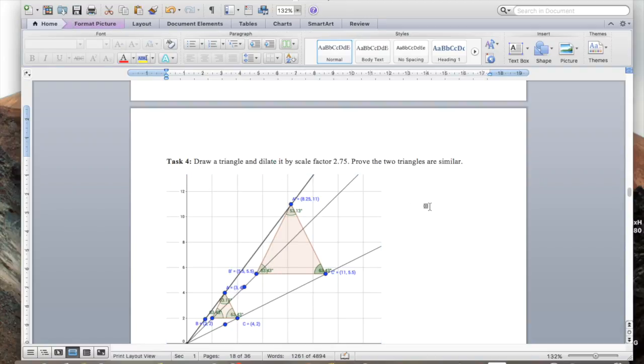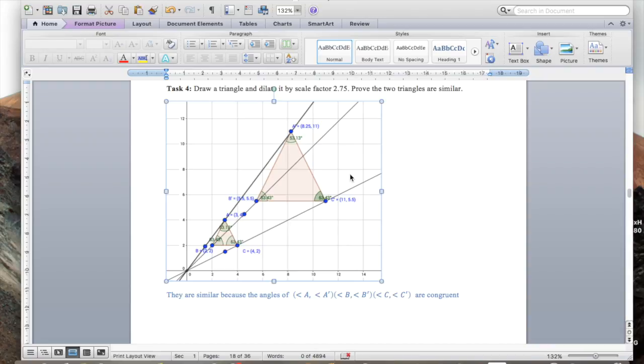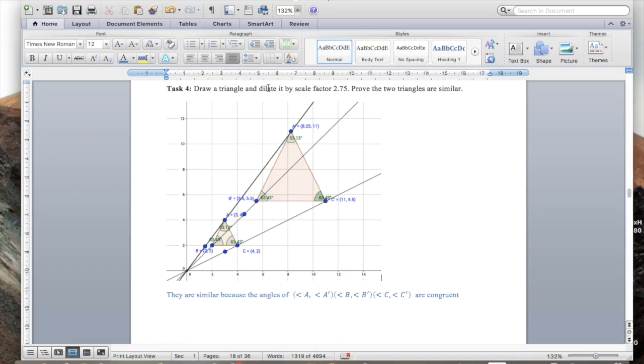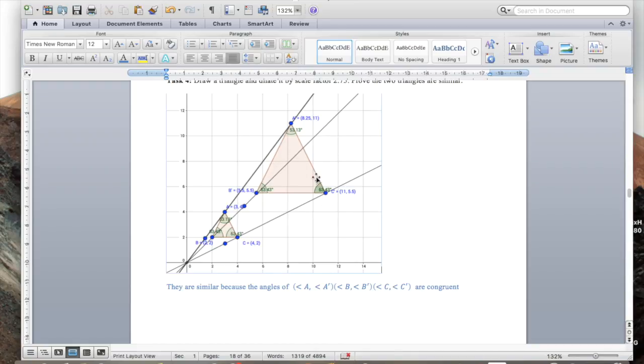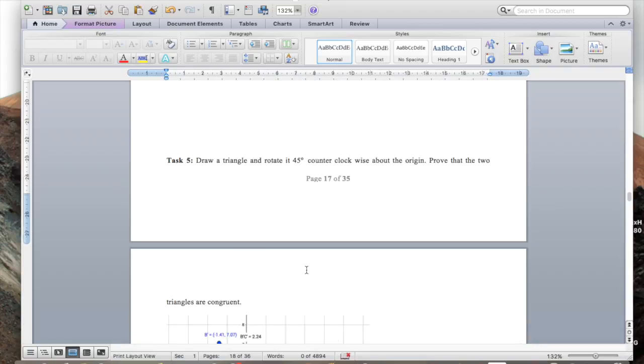We need to draw a triangle and dilate it by scale factor 2.75 and prove it's similar. For this one, we still use GeoGebra, and we just click on dilate and scale factor of 2.75 and you get this one, and just put the lines to show that they cut here and here, and give the explanation.